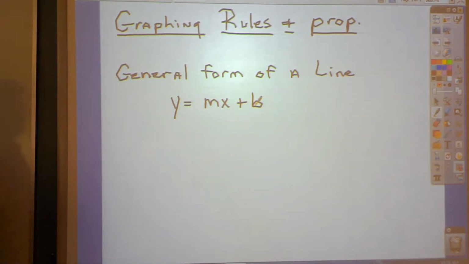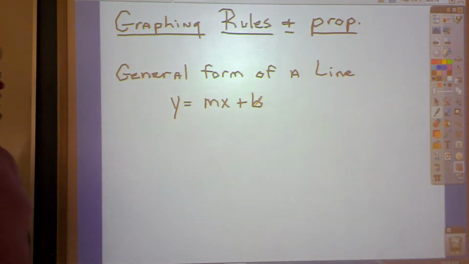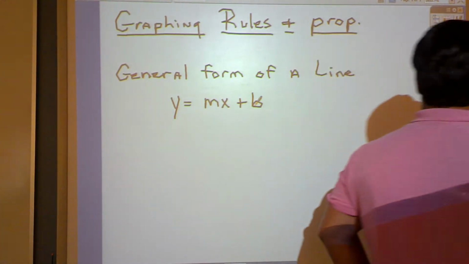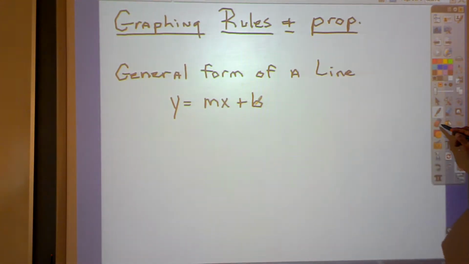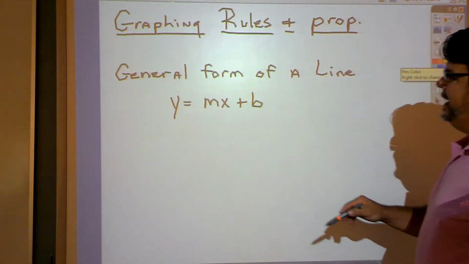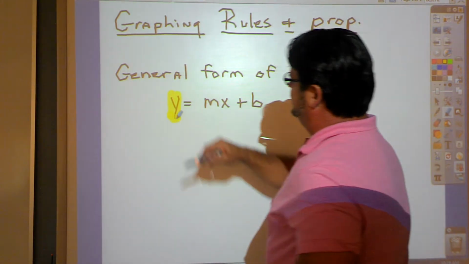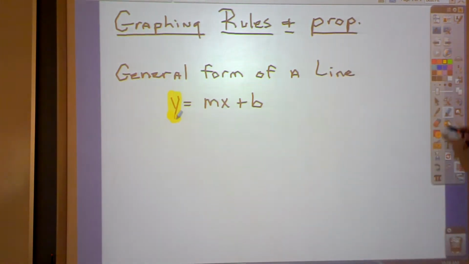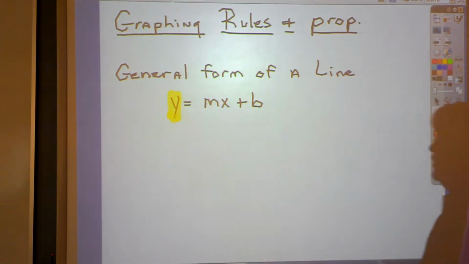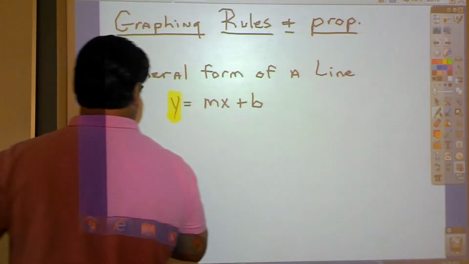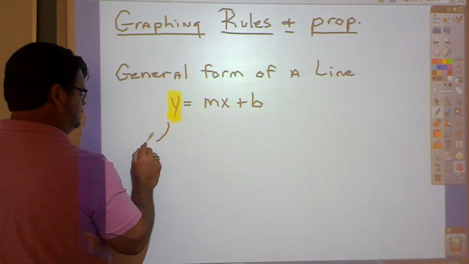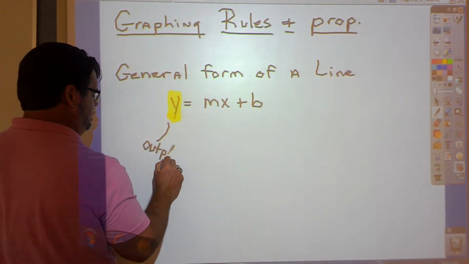And let's talk about those parts of a general form. Let's take our highlighter and highlight this y. And let's talk about what that y is. That y is what we call output.